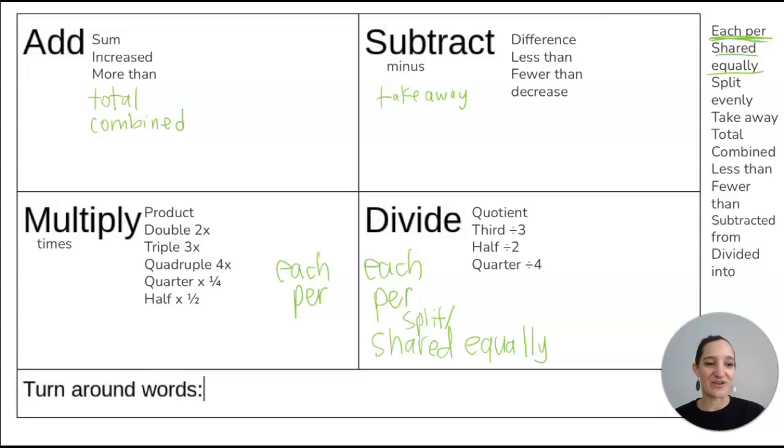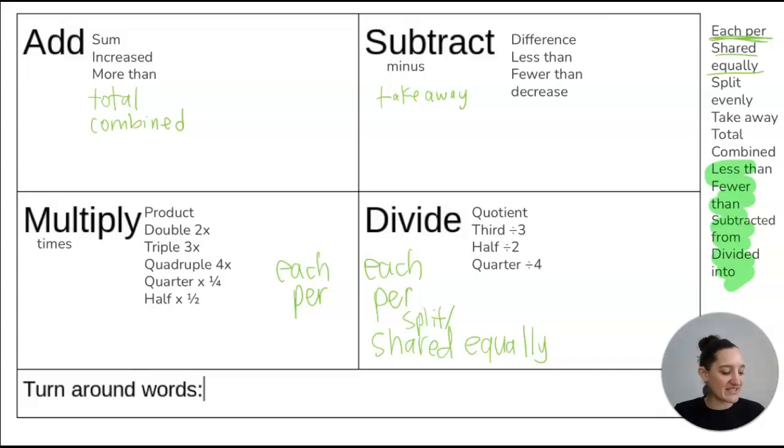Less than, fewer than, we've talked about. Subtracted from is obviously going to be a subtraction, correct? And then divided into. I want to focus right now on these, because these are special ones. These mean divide and subtract, and these are special things that I like to call turnaround words.